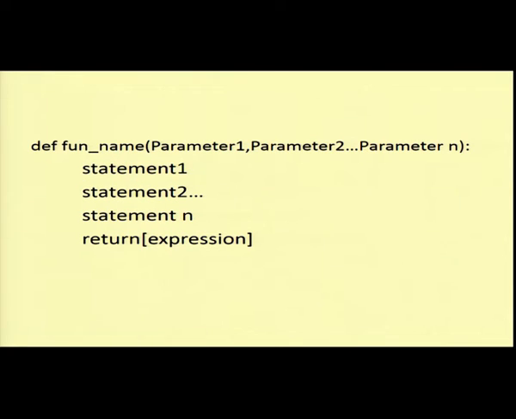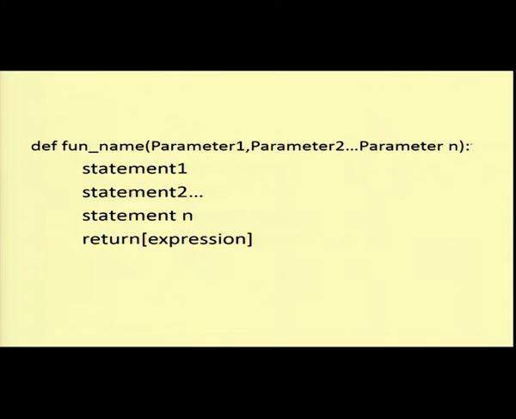Now, this is the schema of defining a function. You are supposed to have a keyword called def and a function name. If the function name has two different words, you join them with an underscore symbol. In the open braces, you are supposed to have parameters: parameter 1, parameter 2, and you can have n number of parameters, and then close the braces and give a colon.